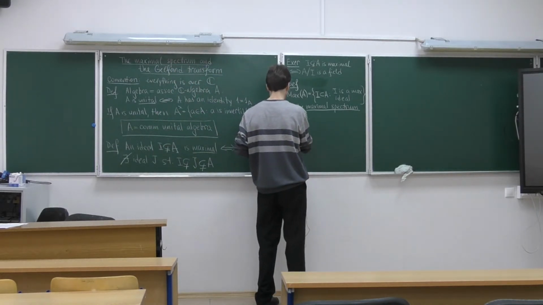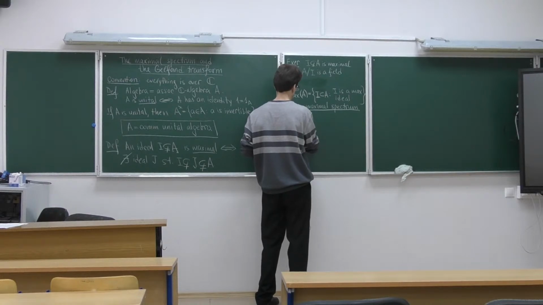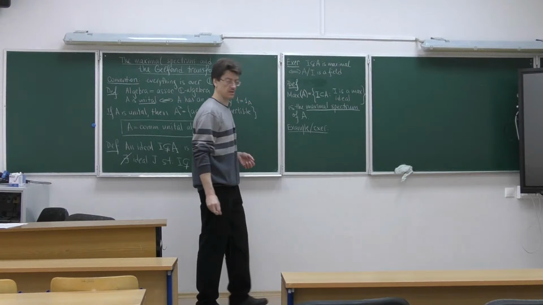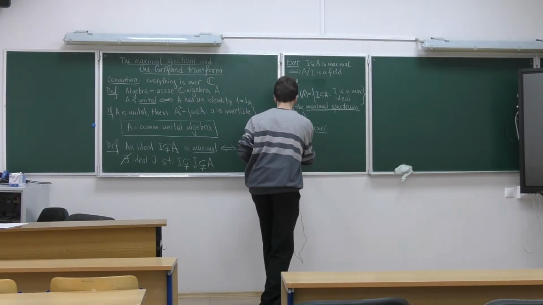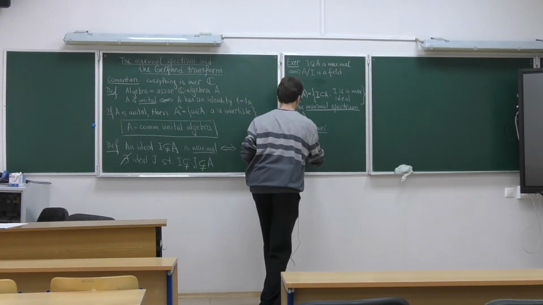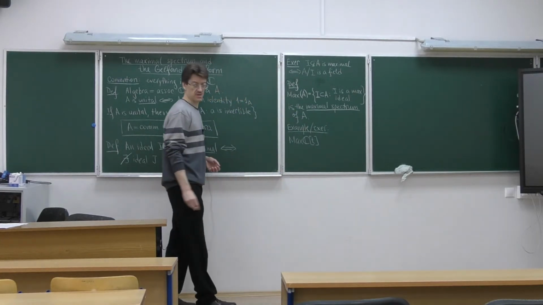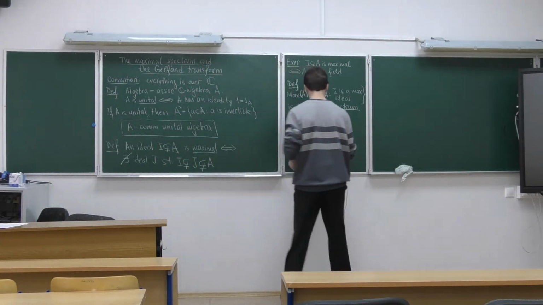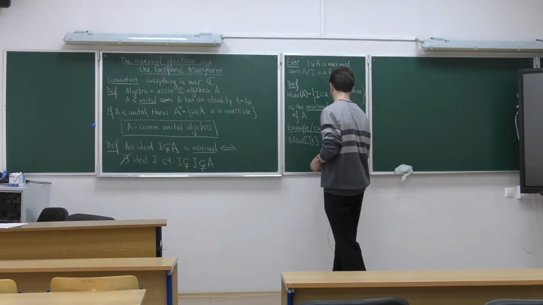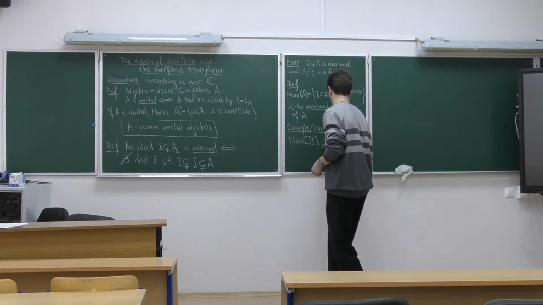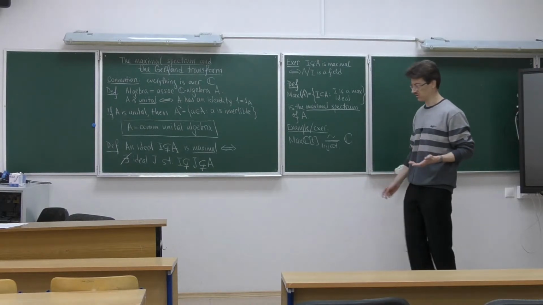And here's a basic example, and an exercise at the same time. Let's look at the maximal spectrum of the polynomial algebra in one variable. I claim that there is a bijection between the maximal spectrum of the polynomial algebra and the complex plane. This bijection looks as follows.